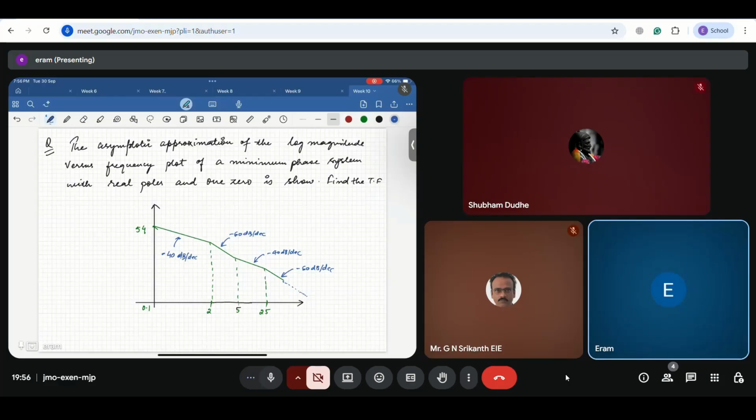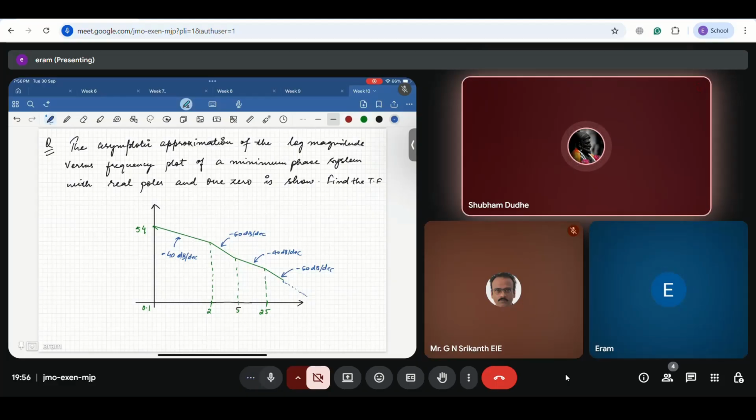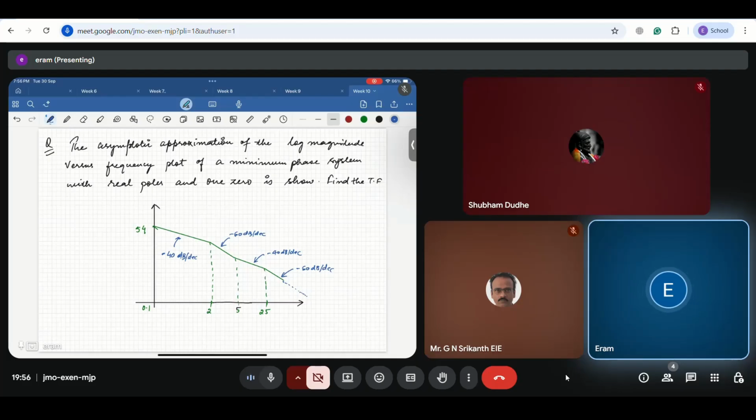Ma'am, can we do it using free online MATLAB? Okay, yes, we can do that with the online version, because sometimes what happens is that the online version doesn't work properly. It sometimes gets stuck. So if you're able to download the offline version, then that will be okay. Otherwise, we can do with the online version also.